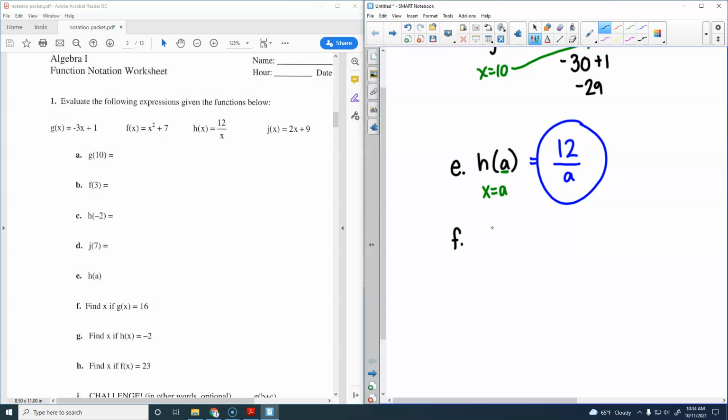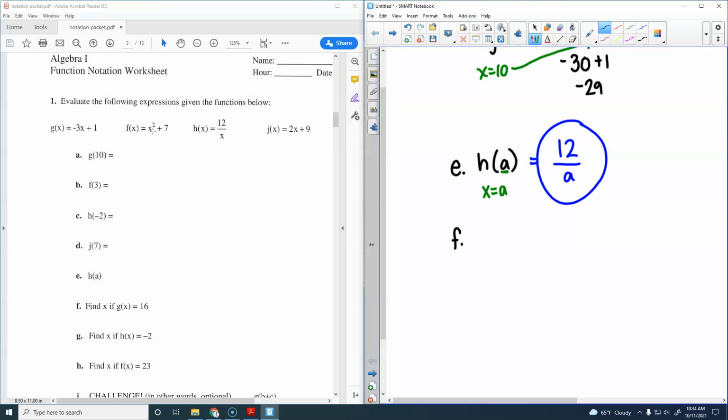For F, so F says find x if g of x equals 16. So first of all, we're using g instead of f, so we would not use that equation with the square. And where would I put that 16?